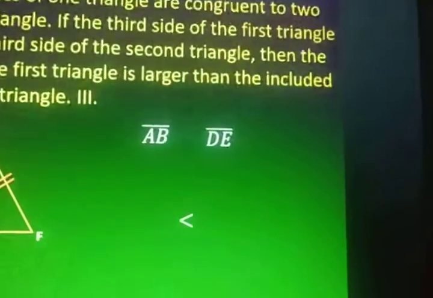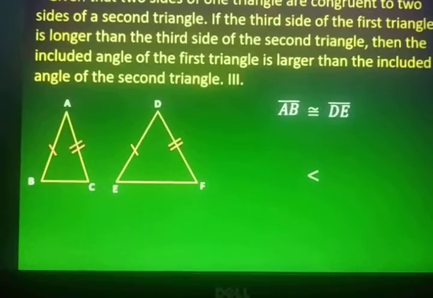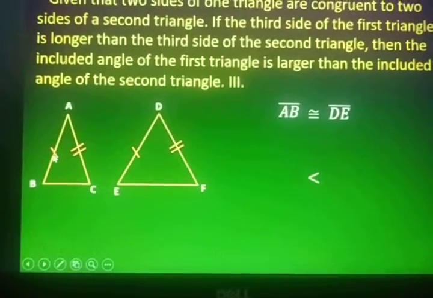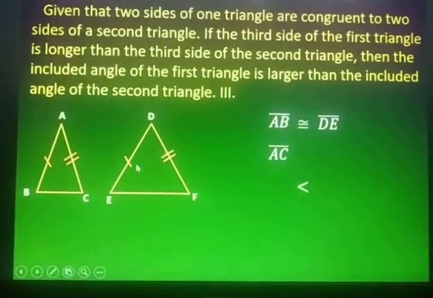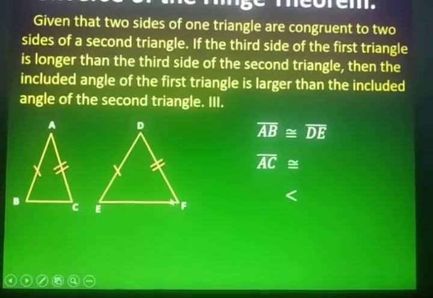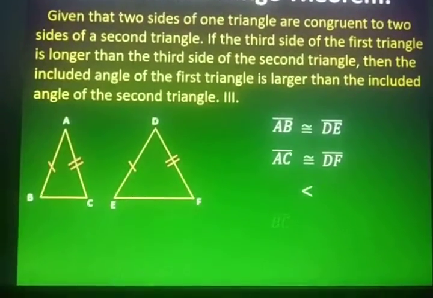Okay, let me state. Line segment AB is congruent to line segment DE, indicated by the mark. Line segment AC is congruent with line segment DF, indicated by the mark. And let's state the first thing.